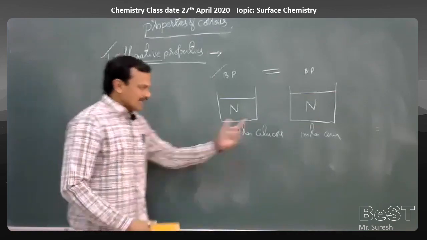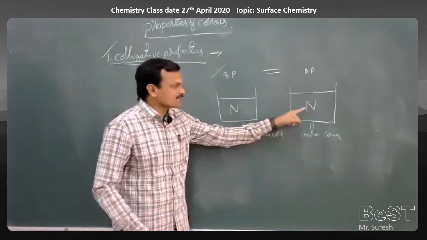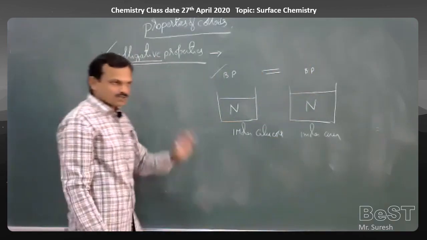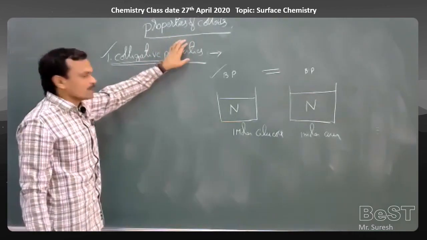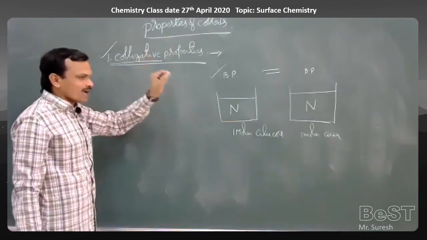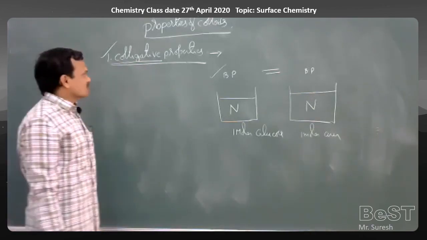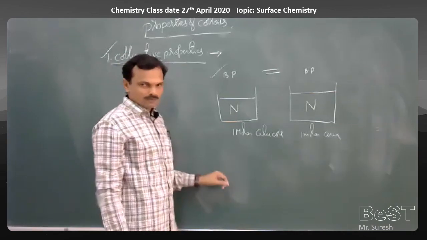So here the nature of solute is different, but the number of solute particles is the same. Then the colligative property is also the same. So the properties of a solution which depend on the number of solute particles, but not on the nature of solute particles, are called colligative properties.